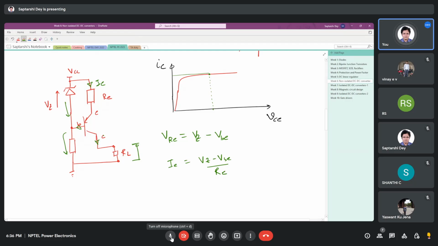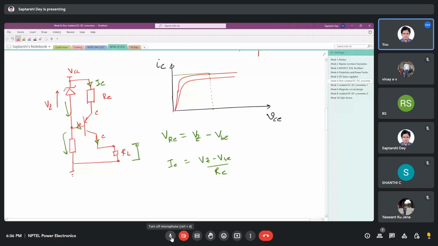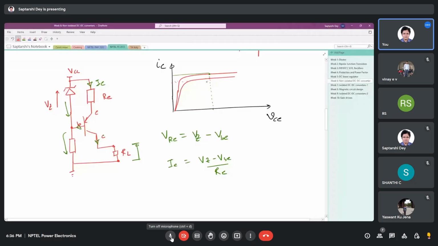So what do we mean by IB increasing? Sir, I think all the currents are constant only. IE, IB, everything will be constant.